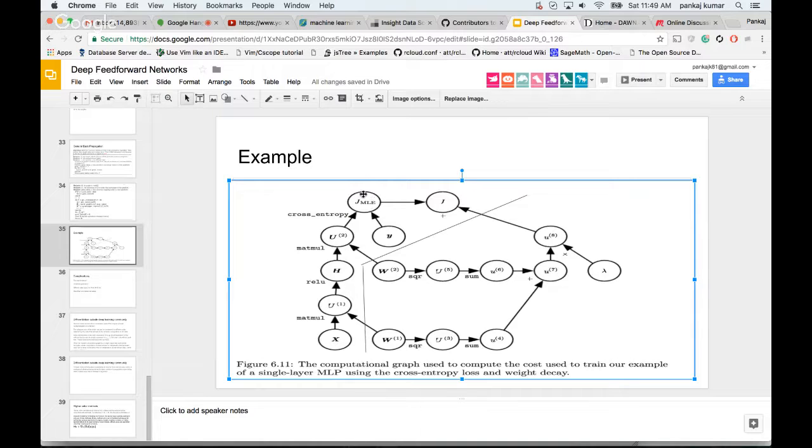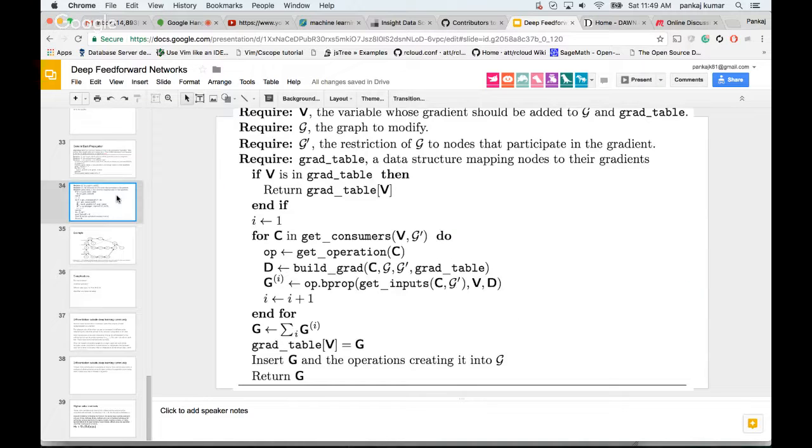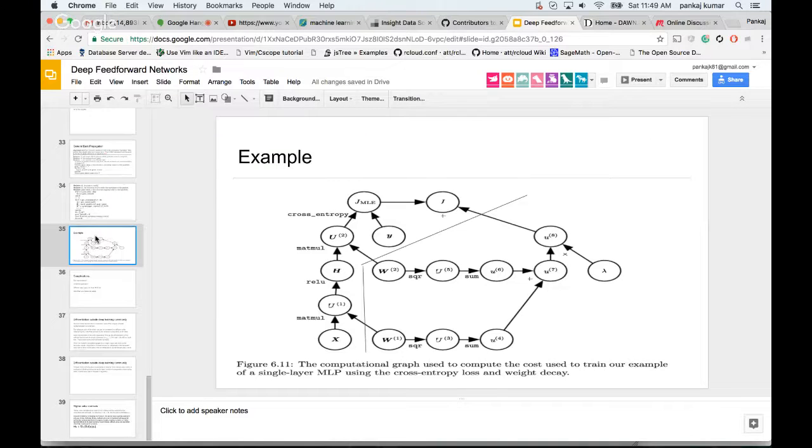This cross entropy cost is JMLE, and it gets added to the regularization cost. The regularization cost is just the square of the weights, summed together and multiplied by a lambda. If you run general backpropagation through this computational graph, then you will get all the gradients. That's how general backpropagation works.